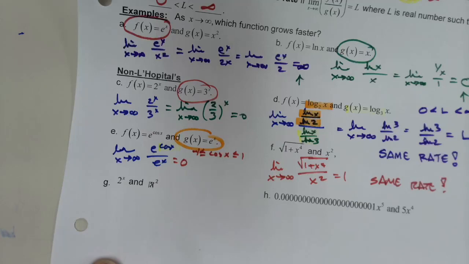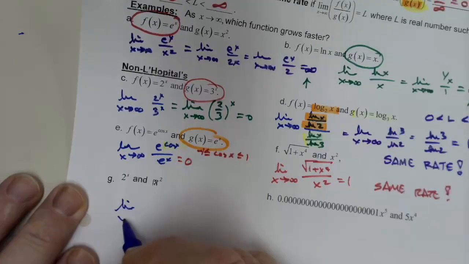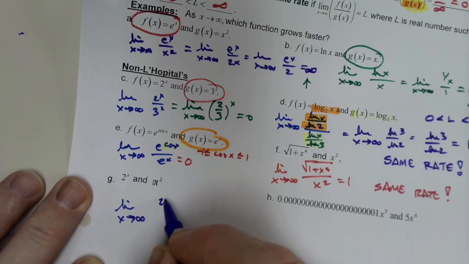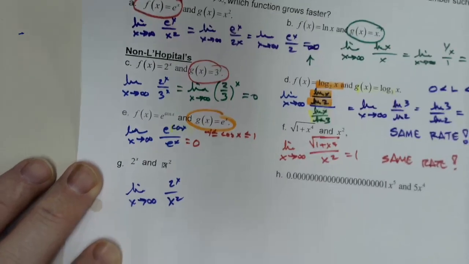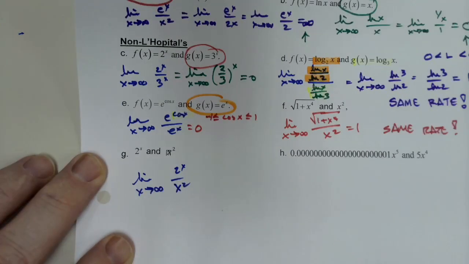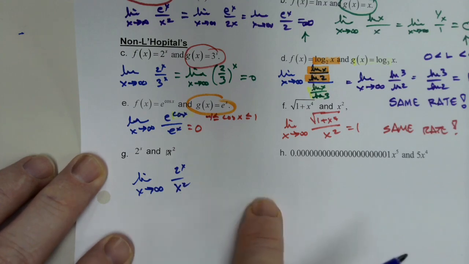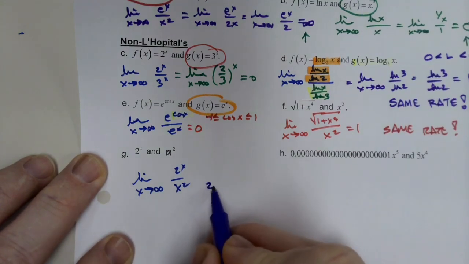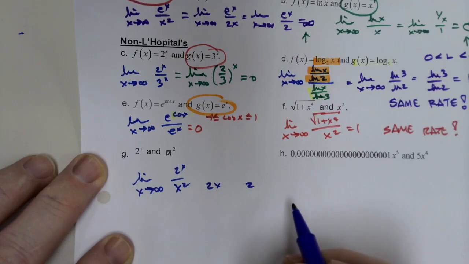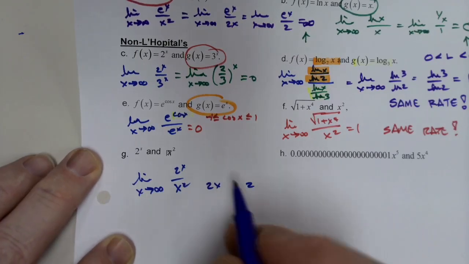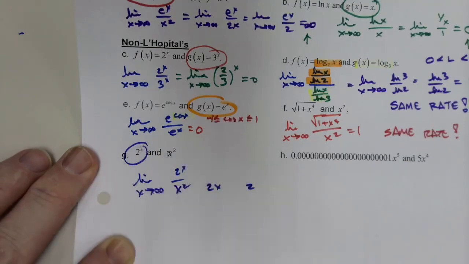This one would be the limit as x goes to infinity of 2 to the x divided by x squared. Now this one, I would say, you know what? If we do apply L'Hopital, notice how the denominator would be 2x and then 2. So it's pretty obvious that this guy right here is going to be the faster growing of those.